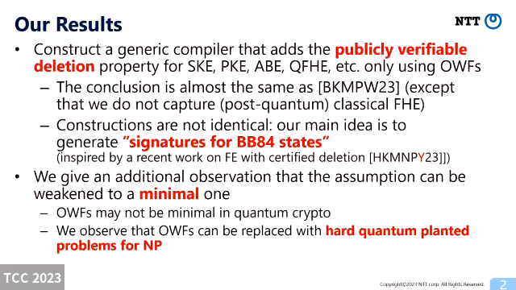Our main idea is to generate signatures for BB84 states. This idea is inspired by a recent work on functional encryption with certified deletion, which is our other work. And we also give some additional observation that the assumption can be weakened to a minimal one.